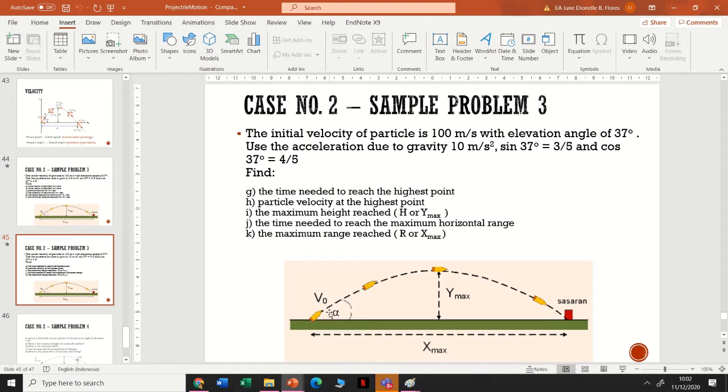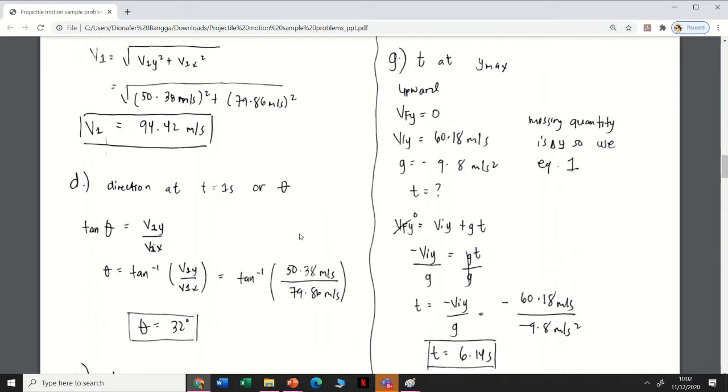So it would be the VIY, the initial velocity in the y dimension. The VIY that we solved from letter B a while ago, which is the y component of our initial velocity, would also be our initial velocity in here since we are only considering the vertical dimension. So that's your VIY.